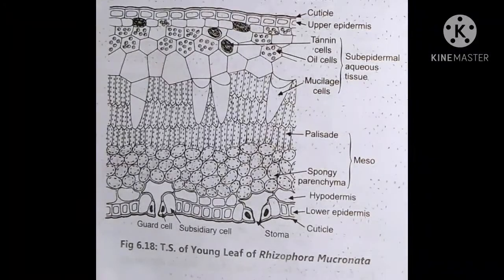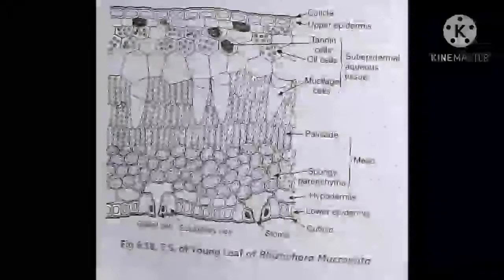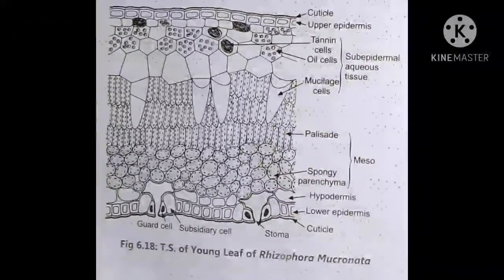Palisade cells are rich in chloroplasts; their function is photosynthesis. Spongy cells are spherical; their function is storage. Then you can see the lower epidermis only shows the presence of sunken stomata, also covered by a cuticle, and a single-layer hypodermis is seen below the lower epidermis, not at the upper epidermis.